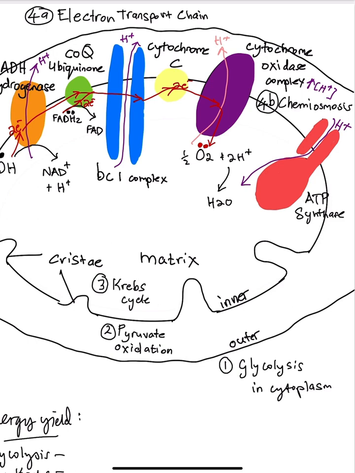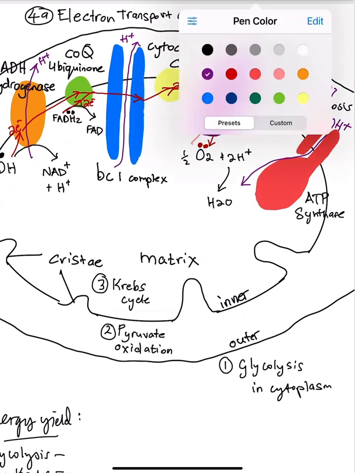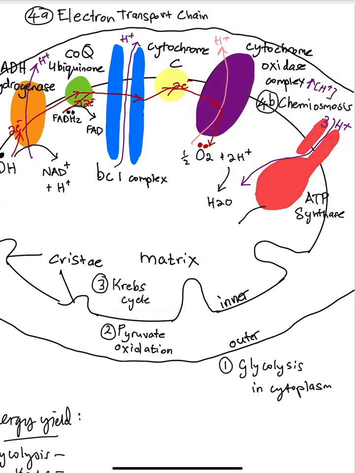So we will need 3 of these hydrogen ions to be pumped through the ATP synthase for every ATP molecule that is to be made.